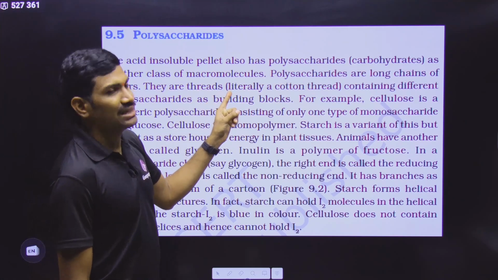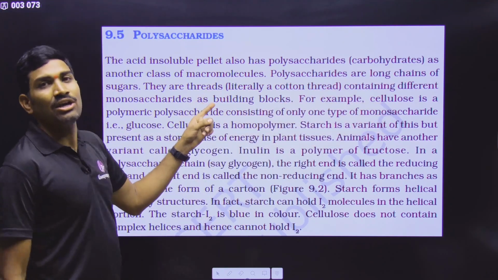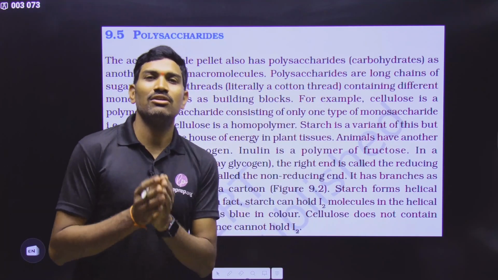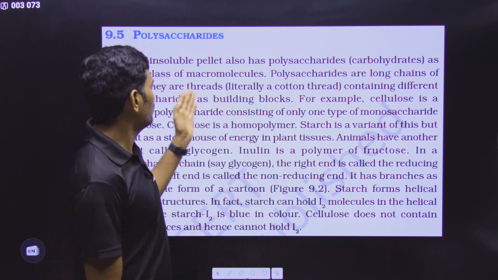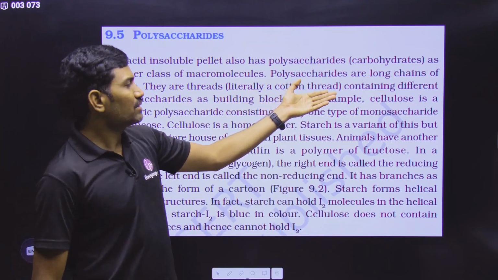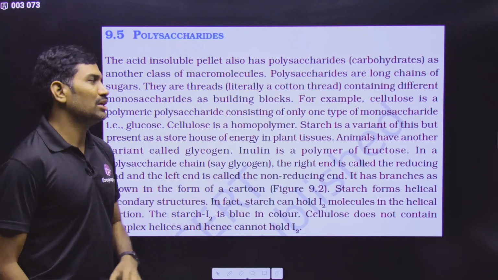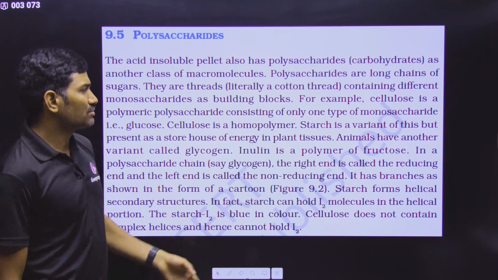They are threads. Threads means what? Long molecules. That's why they say thread. Not only that, literally even a cotton thread is a polysaccharide, because it is the cellulose polysaccharide. So in this way, they are literally present as threads containing different monosaccharides as building blocks. In different types of polysaccharides, different types of monomers are present.